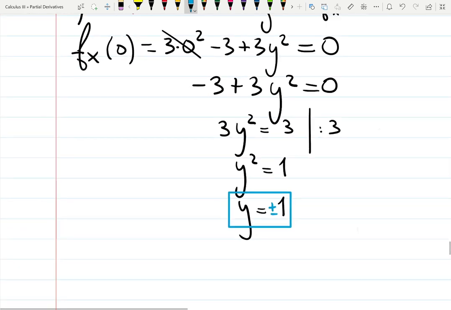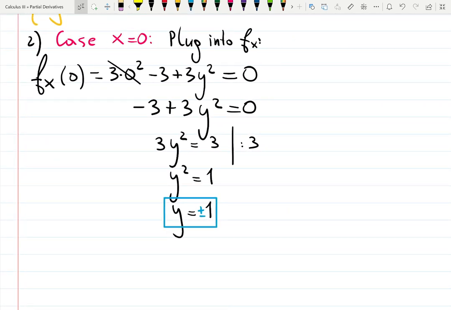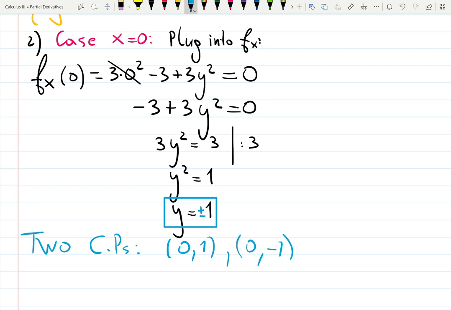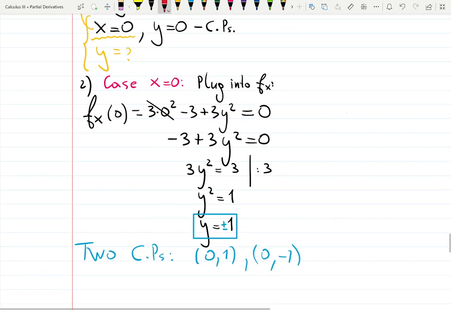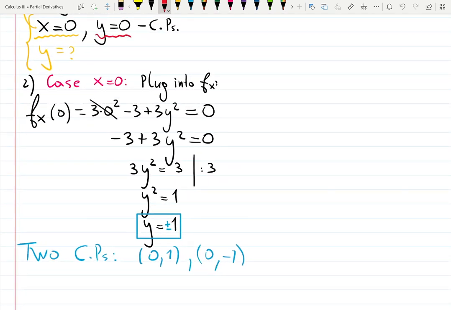So now we have 2 points from plugging in 0. We have 2 critical points: 0 and plus 1, 0 and minus 1. Just from the first exploration, which I called case x equals 0, case 1. But we have a second exploration to do, case 2.